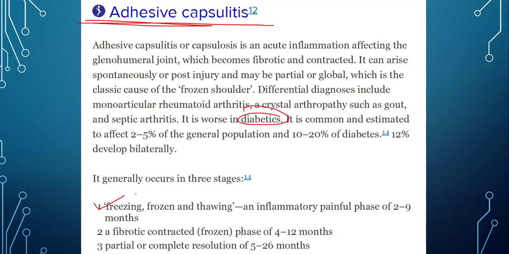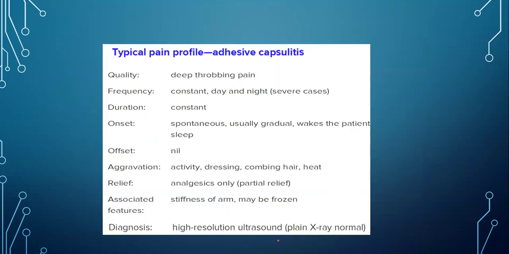There are three phases. In the first phase, the patient can't do anything. It's a painful phase, so there will be a complete frozen shoulder. Then there is a fibrotic phase of 4 to 12 months, and then partial or complete resolution. It can take even 26 months, sometimes closer to 3 years, for a complete recovery from this frozen shoulder.